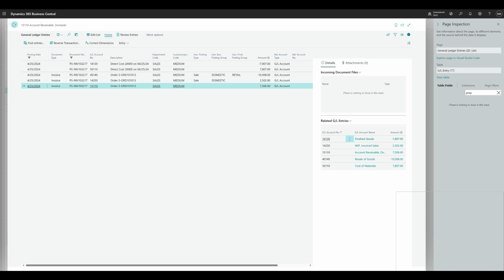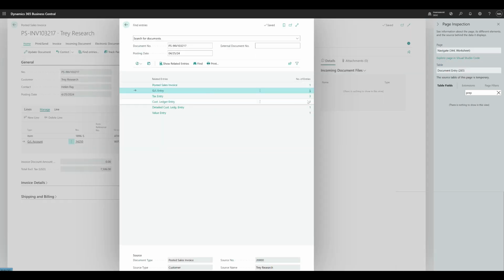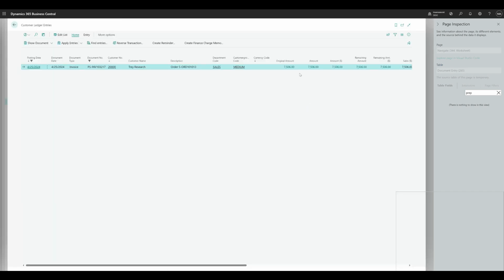So with that said, we can go to customer ledger entries, and we see here that we have a 7,500 invoiced, which we need to pay.